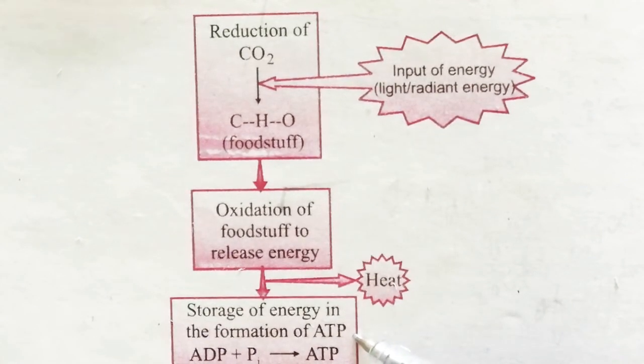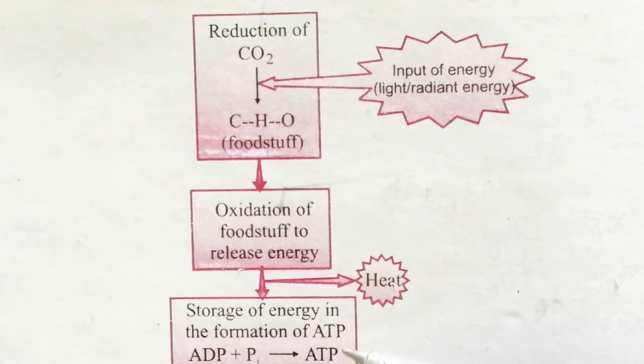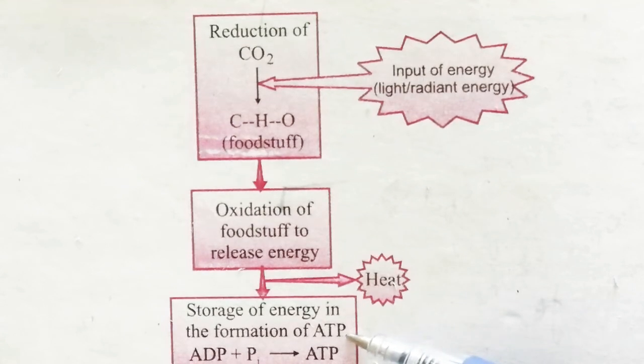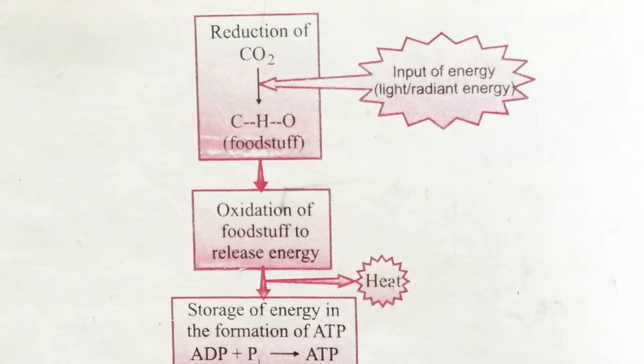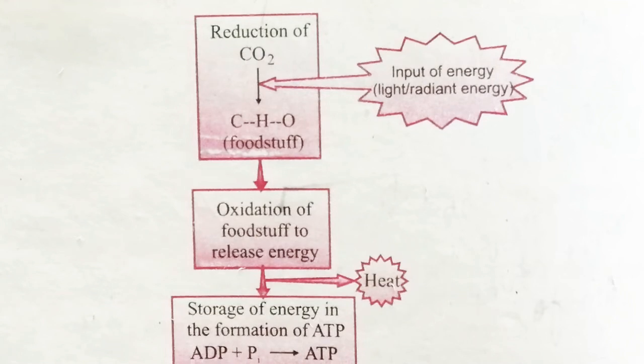As I told you, what is the abbreviation ATP for? It is abbreviated for adenosine triphosphate, in which triphosphate means 3 phosphate groups. So this conversion or storage occurs in the form of this equation, in which ADP, that is adenosine diphosphate, in which 2 phosphate groups are present, combines with Pi.